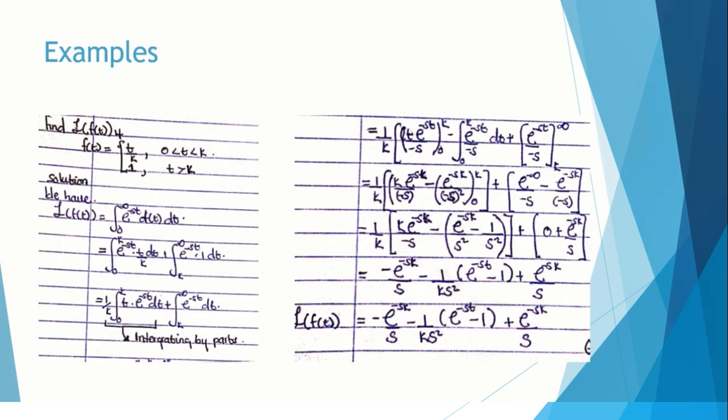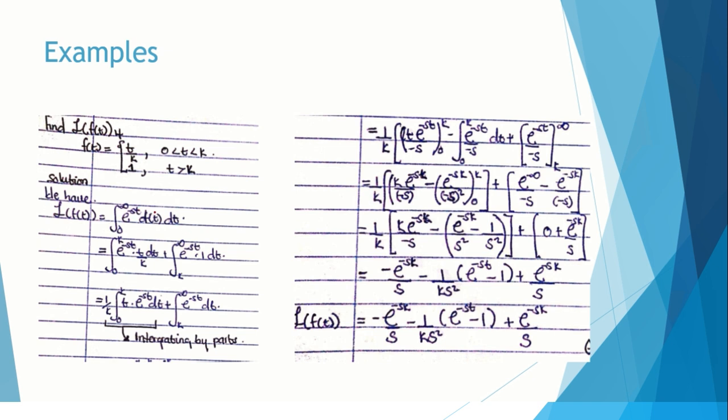We're given a piecewise continuous function f(t) equal to t over k for 0 less than t less than k, and 1 if t is greater than k. Then the Laplace transform of f(t) is equal to the integral from 0 up to infinity of e^(-st) f(t) dt.